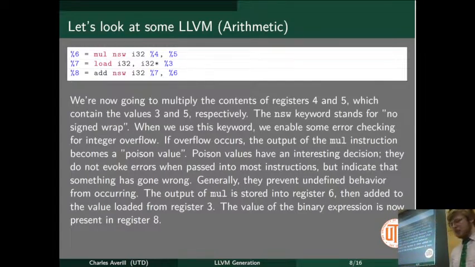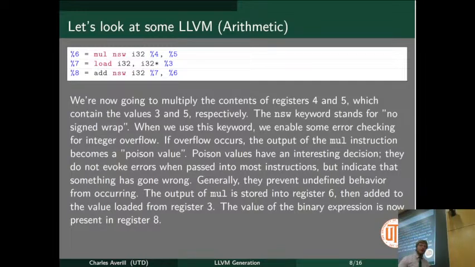And what LLVM is going to do is it is going to instead return a poison value, which poison values are weird, and if you look up an explanation of them, you're going to find lots of conflicting information. It's best just to read the LLVM documentation and just see what it says about each instruction and how it deals with the poison values. But very generally, they don't raise any errors when you pass them into most instructions.